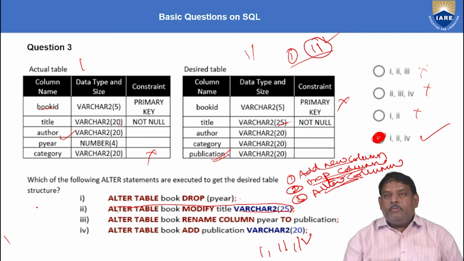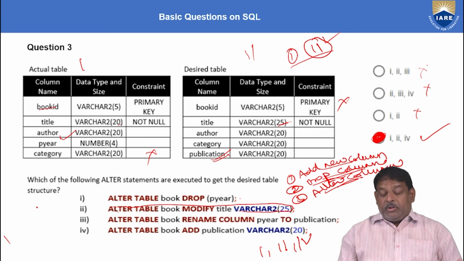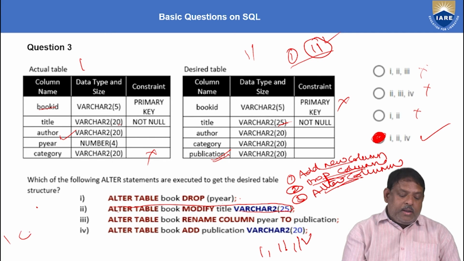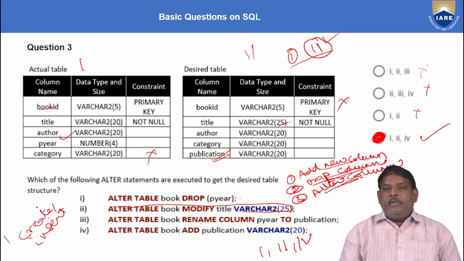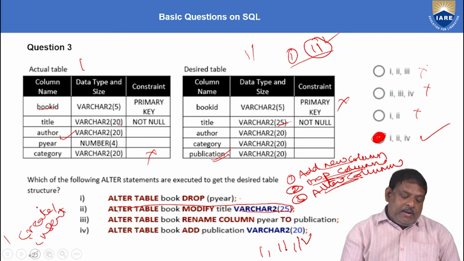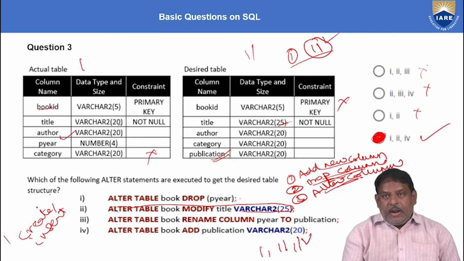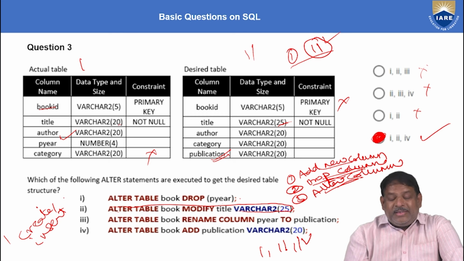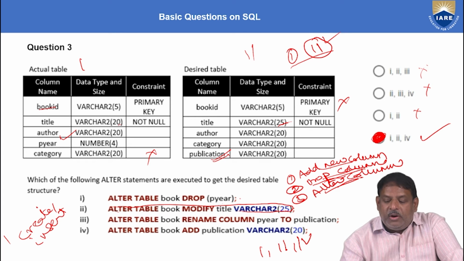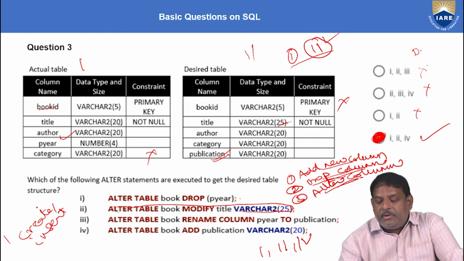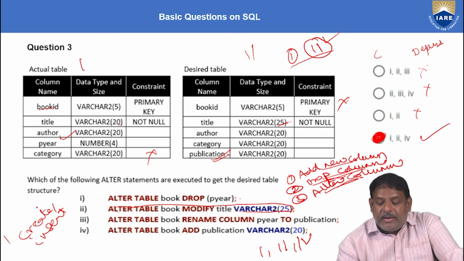Okay, we have discussed up to 3 questions. The first 2 questions were on create and insert. Now the second question is also create and insert, but here the second question has a default constraint. In the first question we had a check constraint.